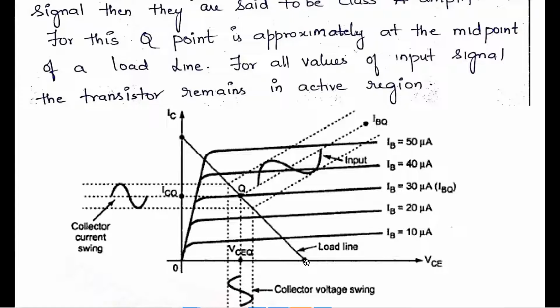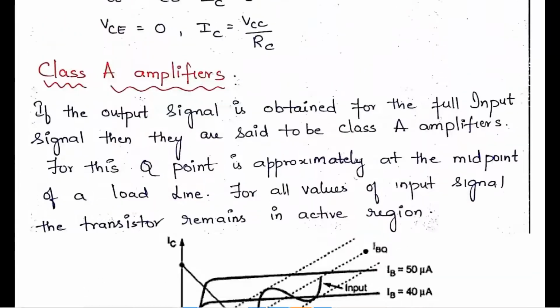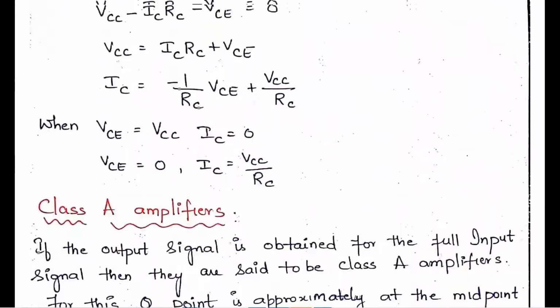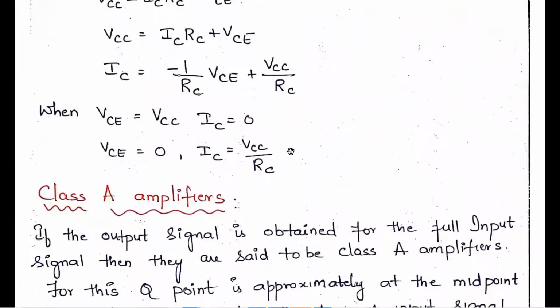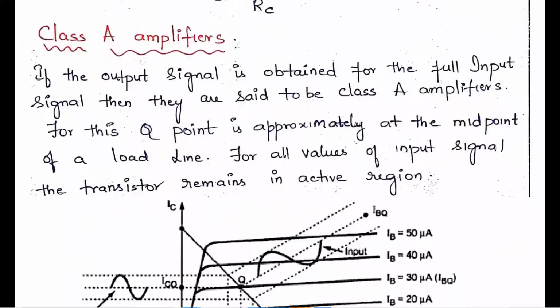So, in order to amplify both, if we select the operating point here, how can we select the operating point? The operating point simply means the DC voltage and current values in the transistor.